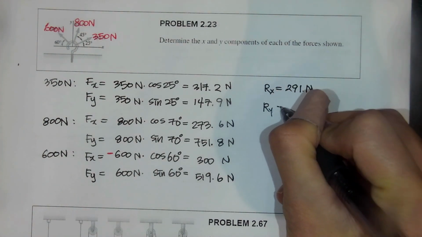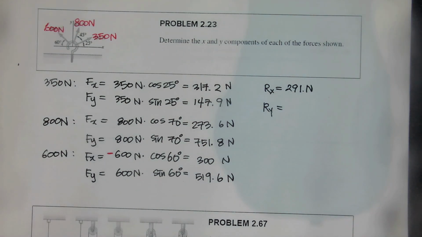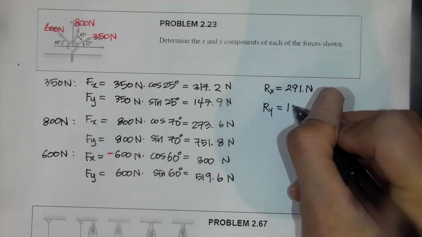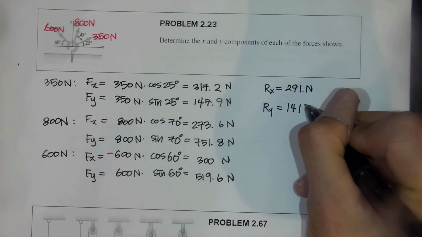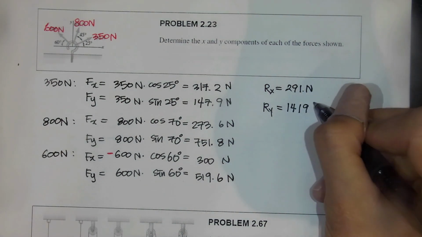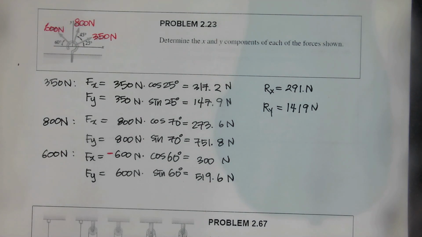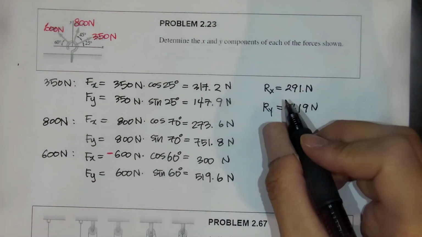And then Ry, I have a greater number, 1,419. Okay. Anyone who got this number? Okay, good. Yep. Then it's good.